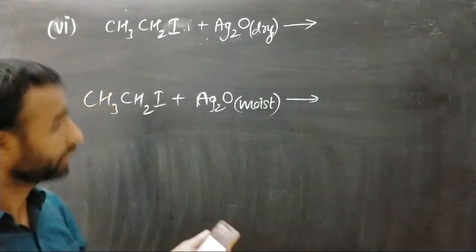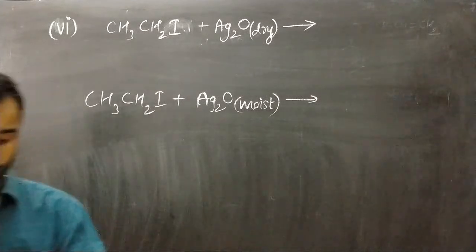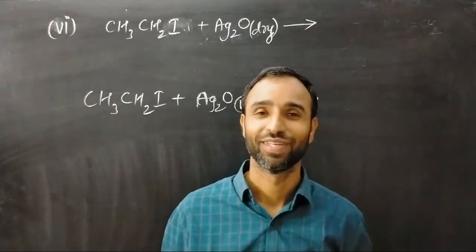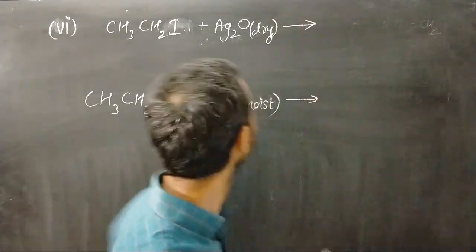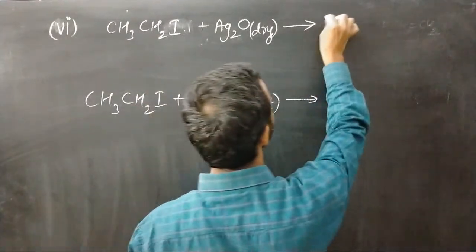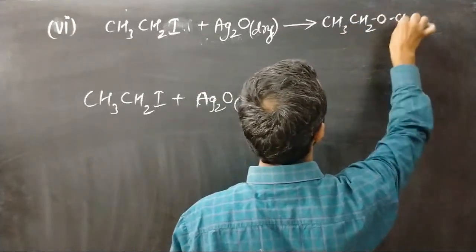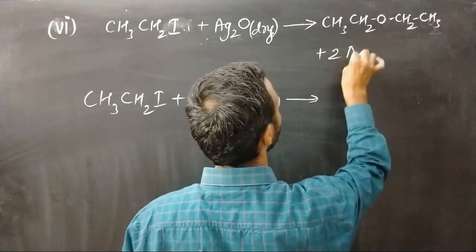Okay, 2 AgCl, AgI, sorry, and then CH3CH2OCH2CH3 along with 2 AgI.